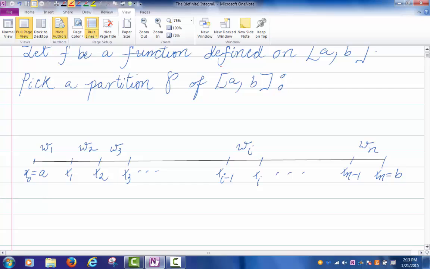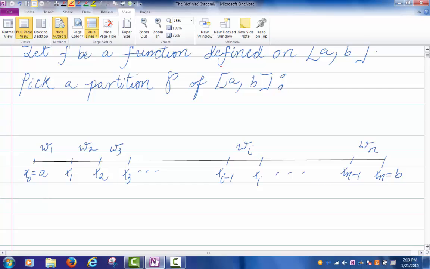Remember, once again, this is the third subinterval, and the word third goes with the index of the right-hand point, x3. Okay? Then this would be the nth subinterval, right? Now, in the middle, there is an ith subinterval, where i is a number between 1 and n.